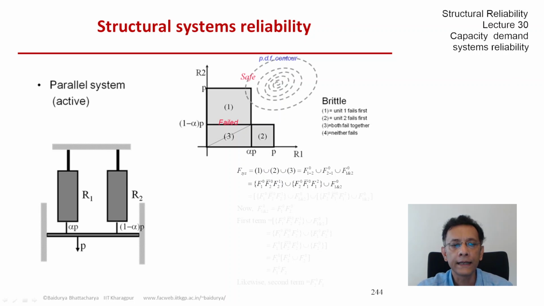Likewise, the second set of events inside the curly brackets gives the region 2, which is unit 2 fails first, and the third event we have so far kept intact, F0, 1 and 2 kept unchanged, but we are going to expand that also in a few seconds.